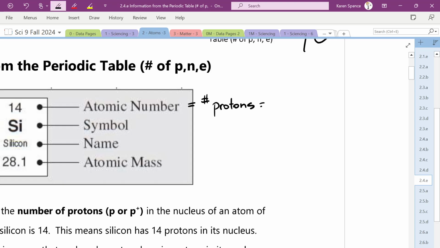What else does it tell you? It tells you the number of electrons in an atom. The symbol is useful. The name is useful. The atomic mass for you this year, useless for grade 9.